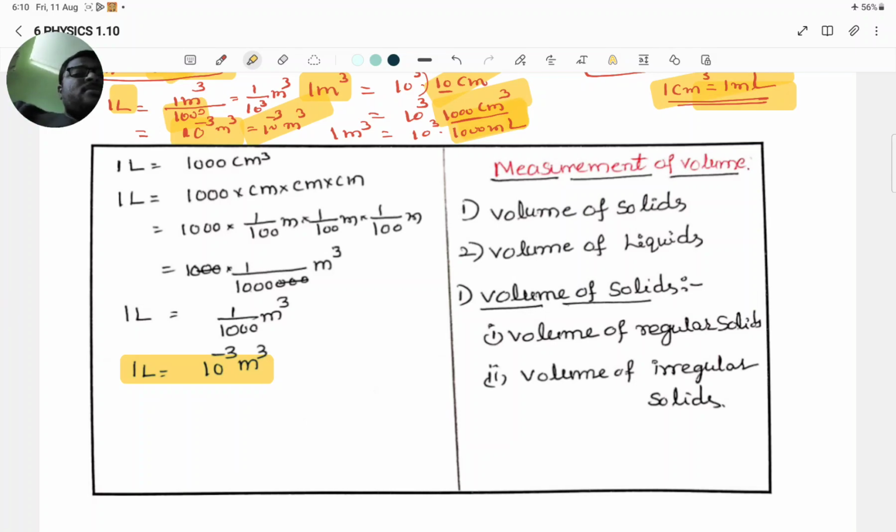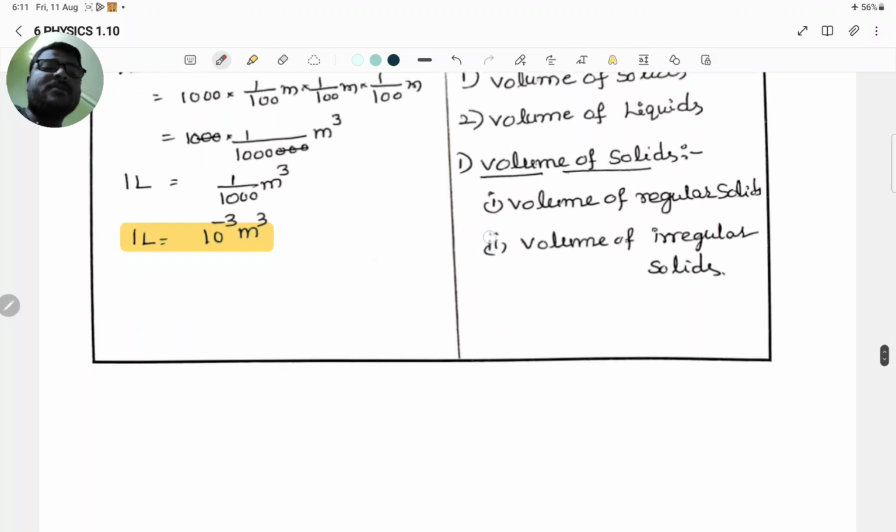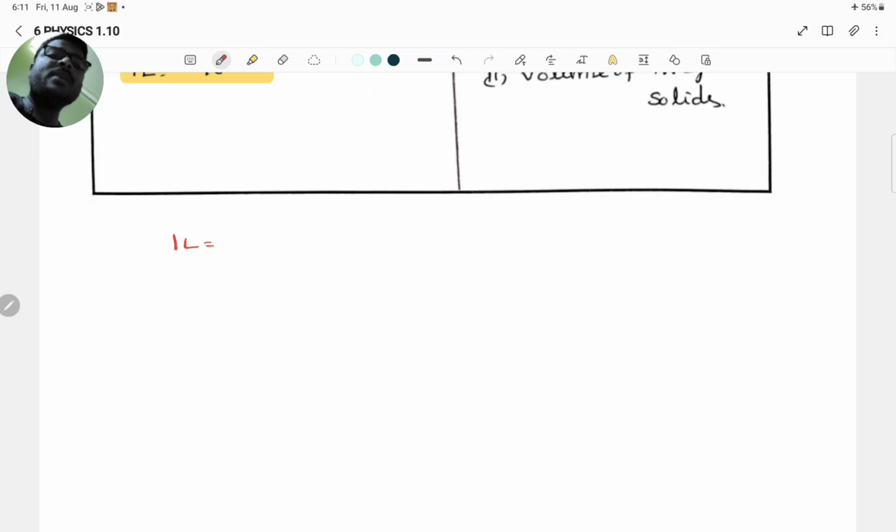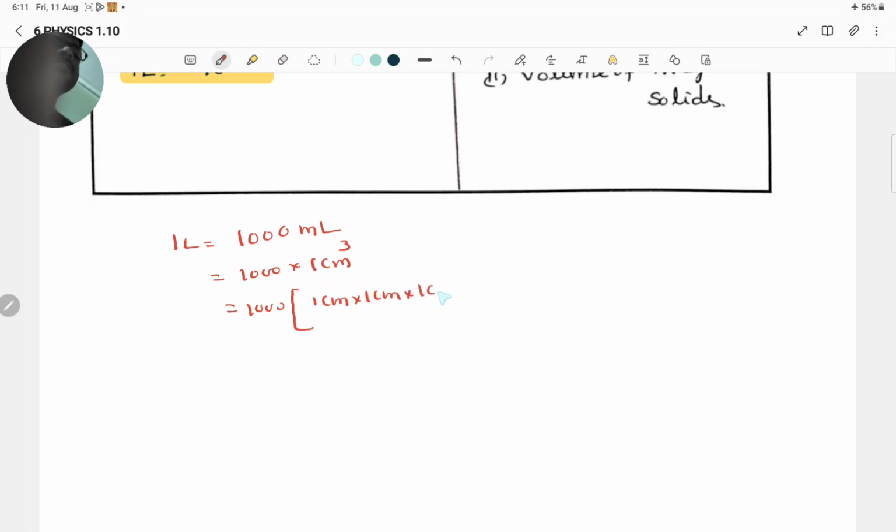Next, observe: 1 liter is equal to how many centimeter cube? 1 liter is equal to 1000 milliliters. 1000 as it is, 1 milliliter is equal to 1 centimeter cube, which is 1 centimeter into 1 centimeter into 1 centimeter. 1 meter is equal to 100 centimeters, so 1 centimeter is equal to 1 by 100 meter.